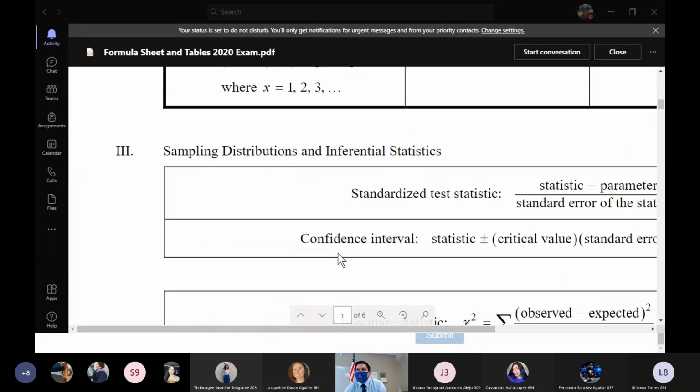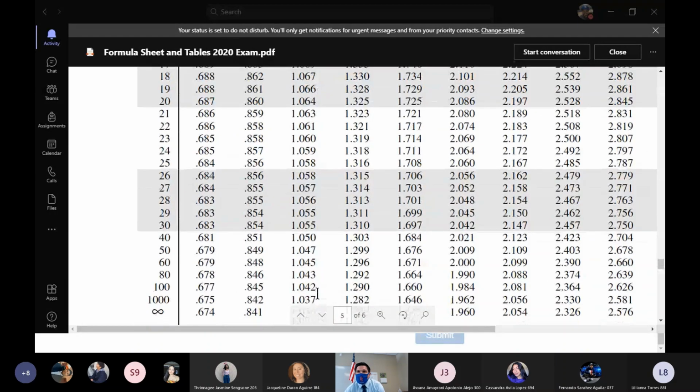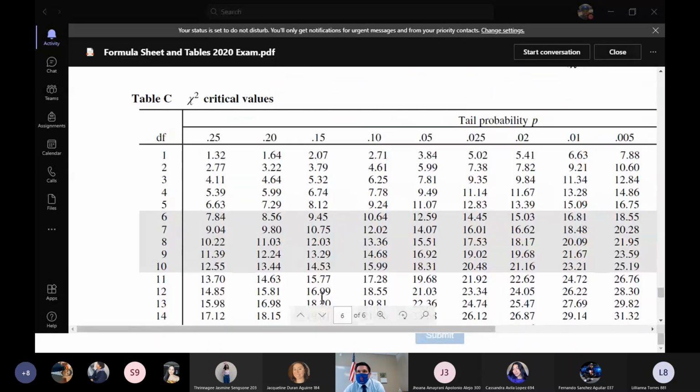All right, so let's get to table C. There we go. So here on table C, we have degrees of freedom of 6, right? And we have degrees of freedom 6 because we had 7 rows and 2 columns. 7 minus 1 is 6. 2 minus 1 is 1. 6 times 1 is 6. Okay, so we have degrees of freedom equaling 6 for this.